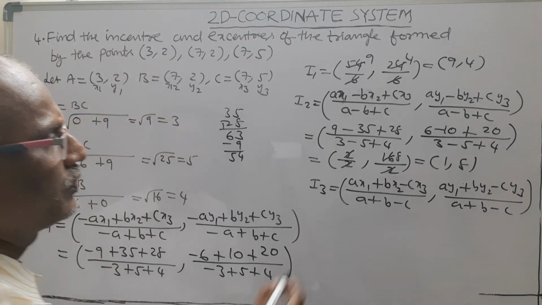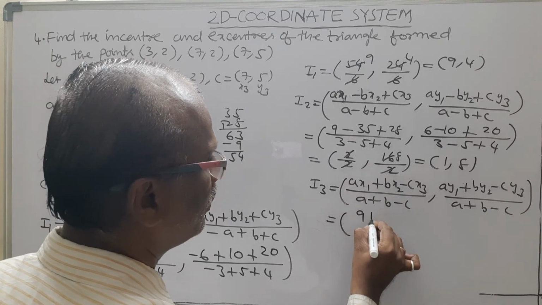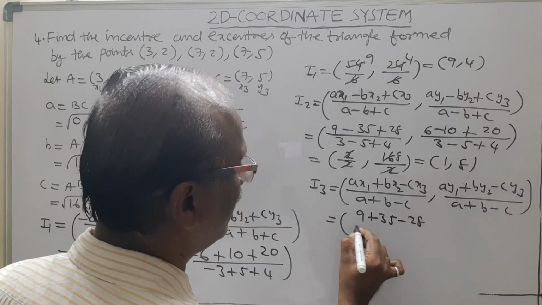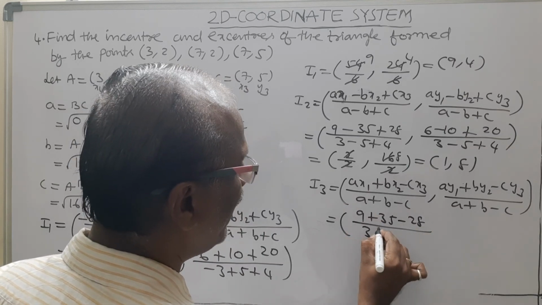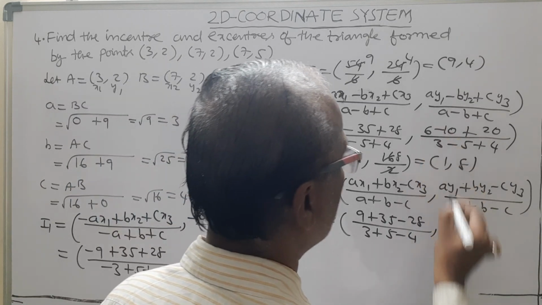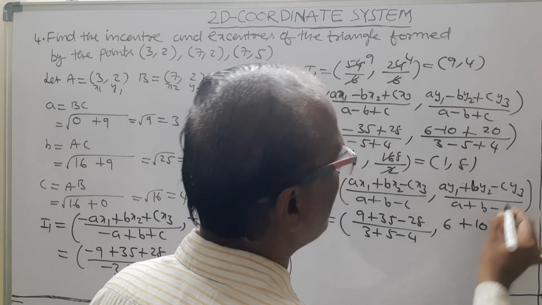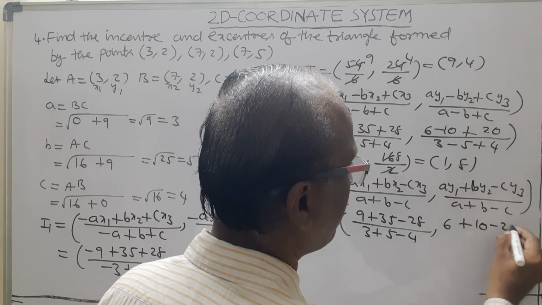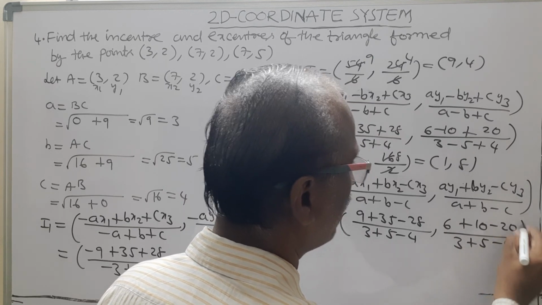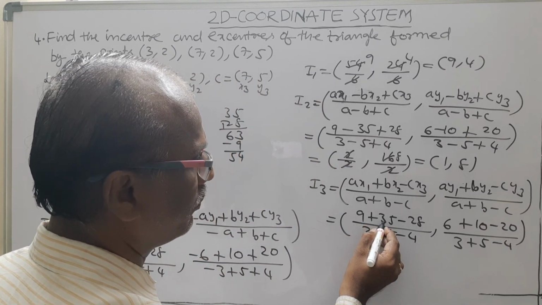Apply the values. ax1 is 9, bx2 is 35, cx3 here is minus 28. A value 3, b 5, c minus 4. A y1 value is equal to 6, b y2 value is 10, c y3 value is 20, by a value 3, b value 5, minus 4.